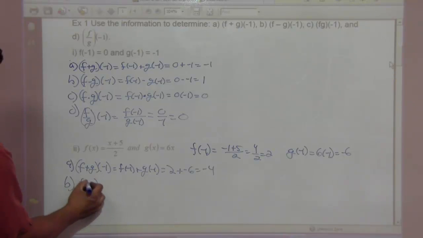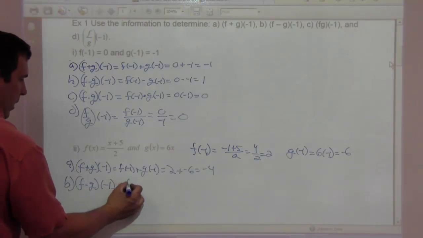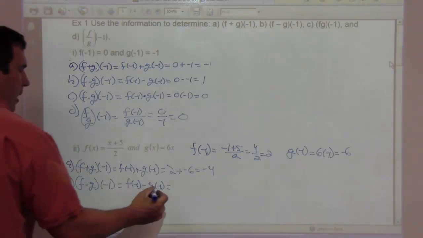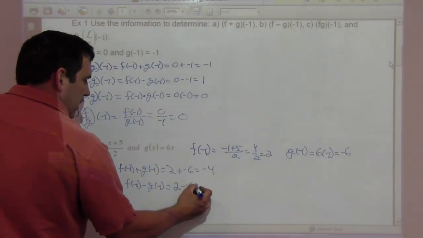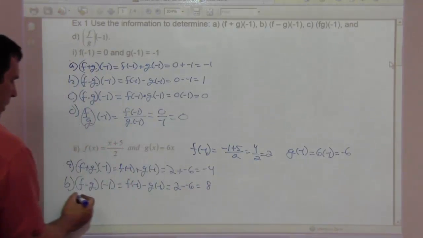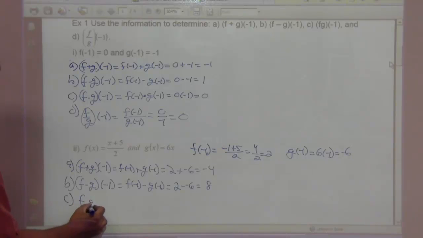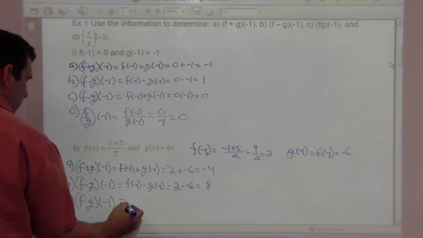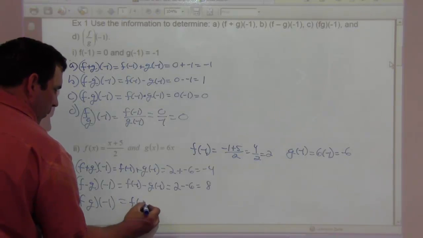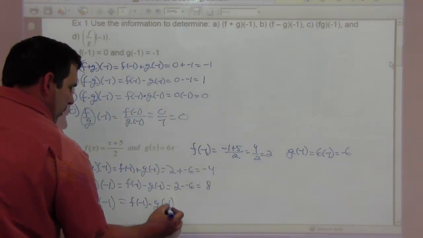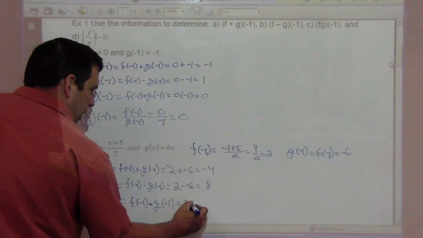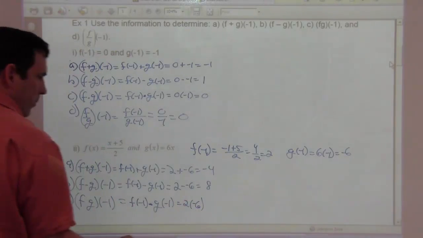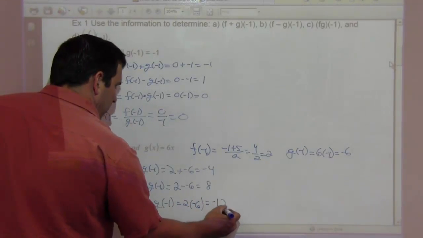F minus g of negative 1 is f of negative 1 minus g of negative 1. That's 2 minus negative 6, which is 8. F times g of negative 1 is f of negative 1 times g of negative 1, which is 2 times negative 6, which is negative 12.